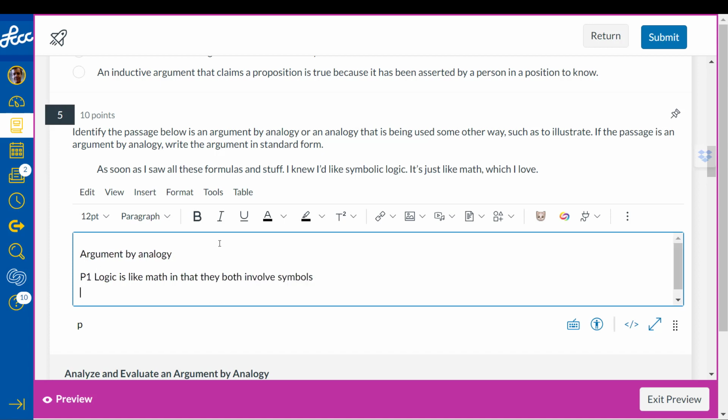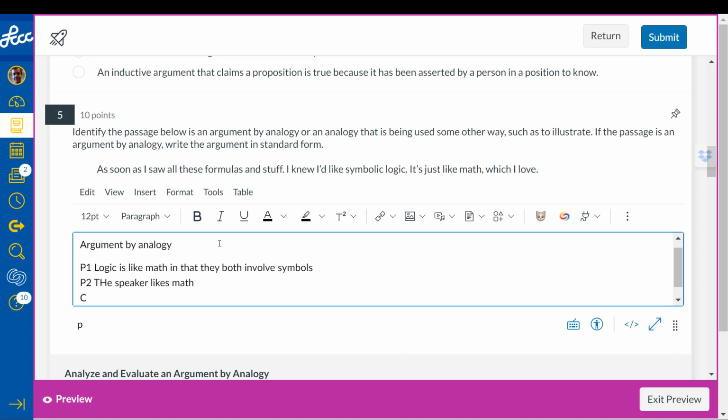Actually, the similarity is deeper than that. P2: The speaker likes math. C: The speaker will like logic. Capitalization, put in some colons, and we're done.